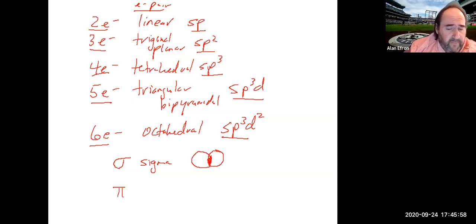So a pi bond, if you remember, basically develops from an unhybridized p orbital, really 2 unhybridized p orbitals. So as we go through these hybridizations, especially with sp2, we have 1 unhybridized p orbital, and that's just a regular old p orbital, like a pz orbital.